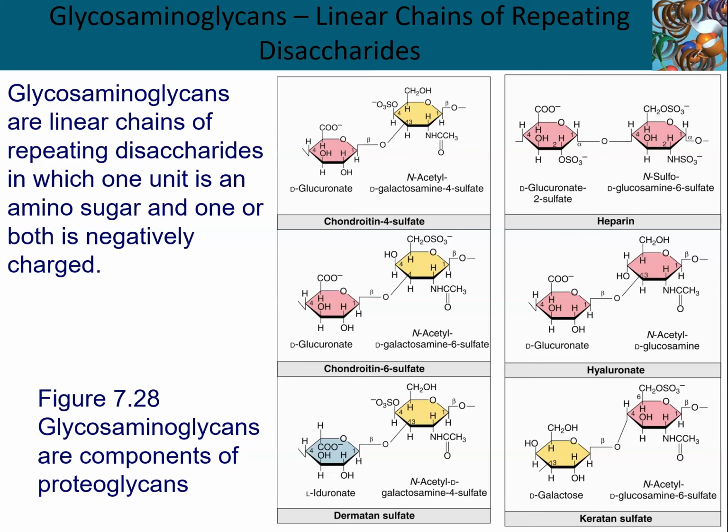There's hyaluronate, which I always struggle to pronounce. There's two different variations of chondroitin, the 4-sulfate and 6-sulfate. There's keratan sulfate as well. And chondroitin and hyaluronate, or hyaluronic acid, are also really important compounds in the structure of your cartilage and connective tissues.